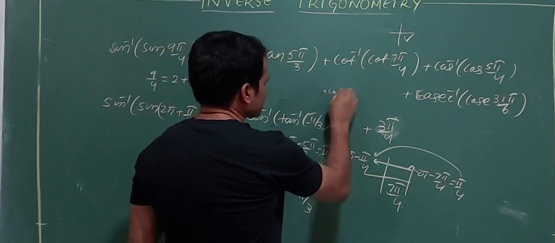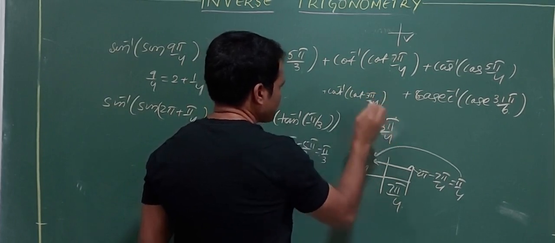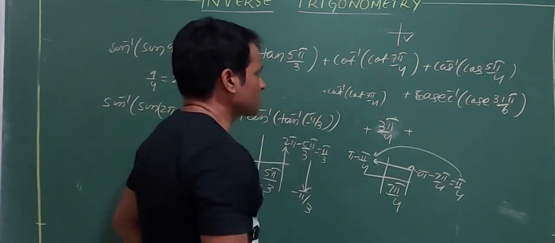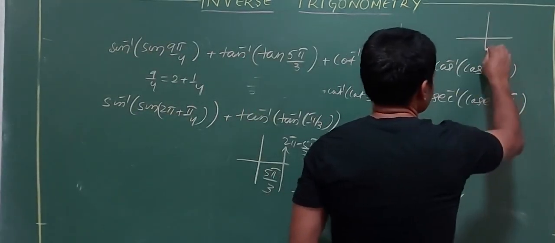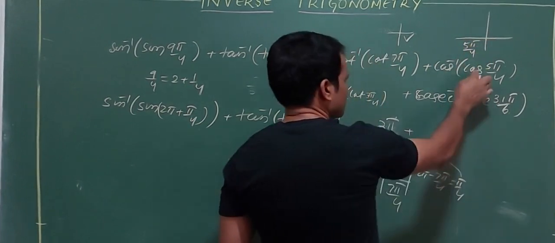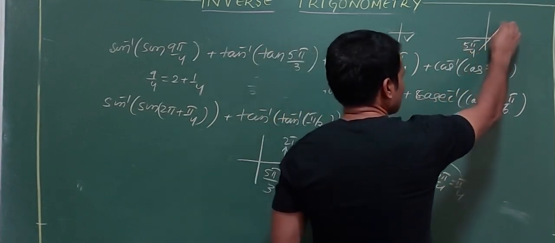This is also same, we will write down. Cot inverse cot 3 pi by 4 gives you 3 pi by 4. Then comes here cos inverse cos 5 pi by 4, that is pi plus pi by 4, 225 degrees. What you are calculating? You are calculating cos. Cos is going negative here. Go there.